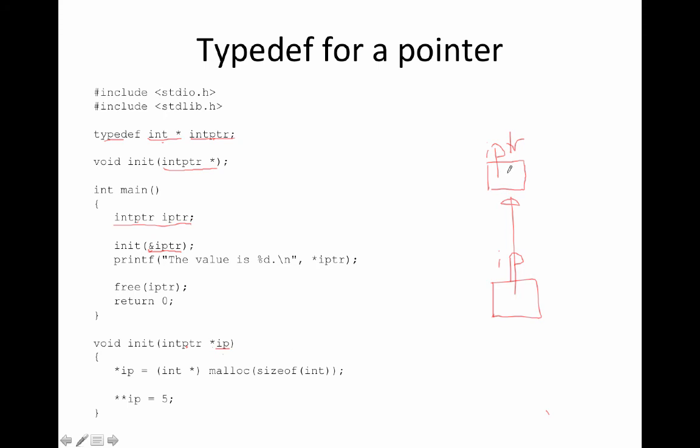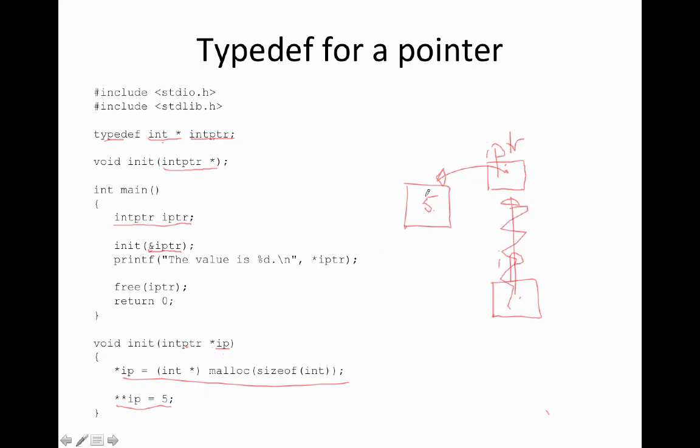Now star ip, the value in the location pointed to by ip, is going to store the address of a new location that I allocate here. Then star ip gets the value of 5, so we can't get away from using the dereferencing operator twice. Then we get back to main, ip goes away, and we have the value of star iptr, which is 5.